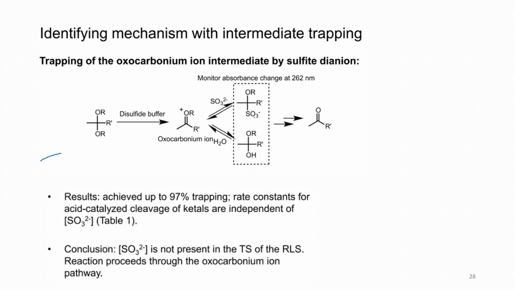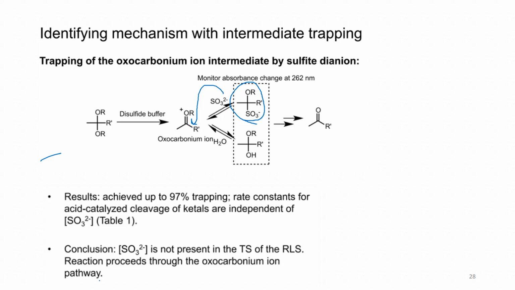the formation of this type of product taking place, which supports that there is a formation of carbonium intermediate which is getting attacked by the sulfite anion and forms this type of product. So this achieved 97% trapping, and the rate constant for the acid catalyzed cleavage of the ketals is independent of SO3 2-. So the conclusion: SO3 2- is not present in the transition state of the rate determining step.